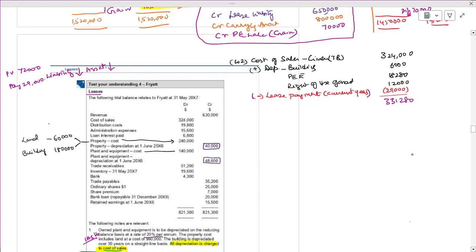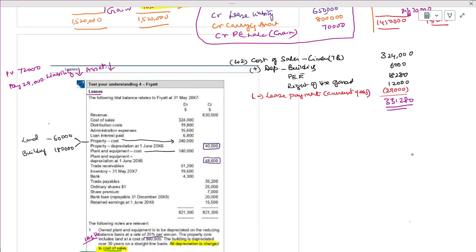It will have multiple effects. You have 72,000. We will calculate in the next stage the opening balance, the effective rate, the lease payment, and the closing balance. That is the reason we are deducting lease payments of the current year only. Are you clear about this cost of sales?